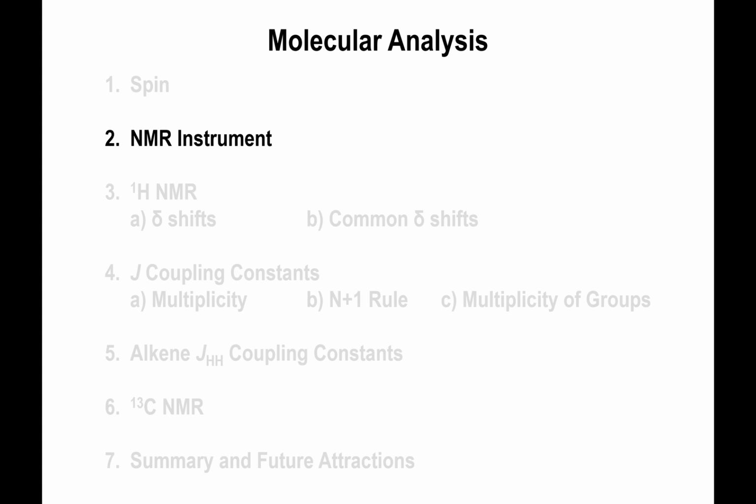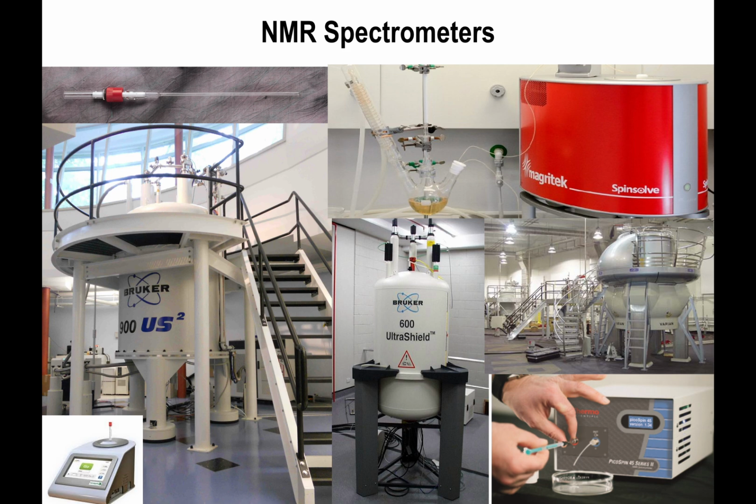So let's talk a little bit about the instrument to see how this works out. Now the instruments actually come in all shapes and sizes. The greater the magnetic field that you want to apply, the bigger the instrument. So you can see right here a Bruker 900 megahertz instrument, and it's not the instrument with the highest magnetic field.